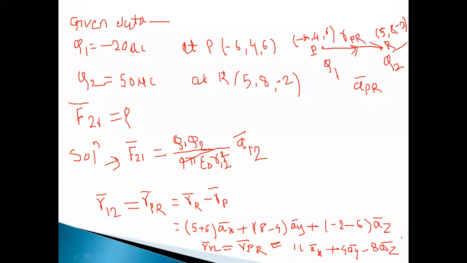Okay. Now we'll find the magnitude. Now, mod of r bar 1, 2 is equal to square root of first is plus 11, 11 square. Then second coordinate is 4, it is plus 4 square.